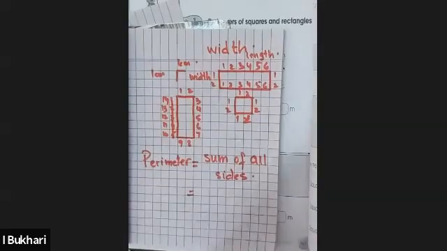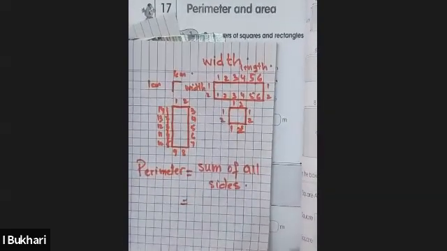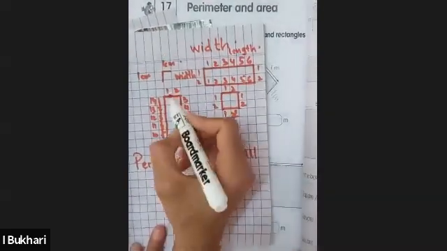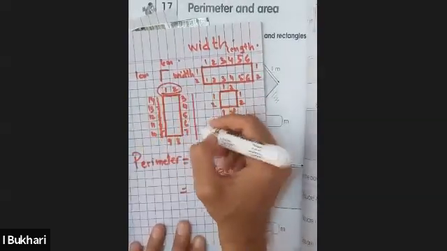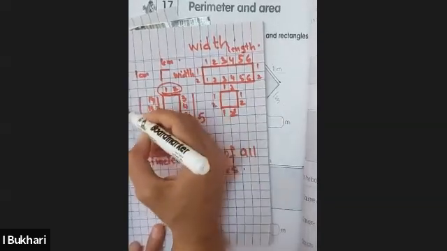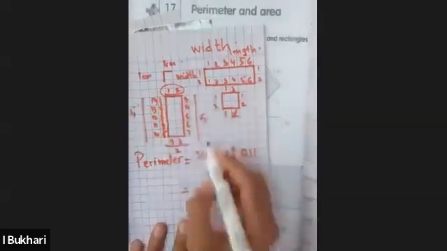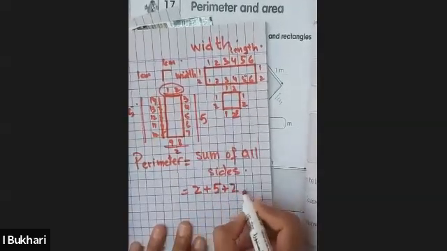Yes, you add all the figures up and what you get is called the sum. So what will I add? This is 2 and then 5, and then this is again 2 and this is again 5. So I will add 2 plus 5 plus 2 plus 5.